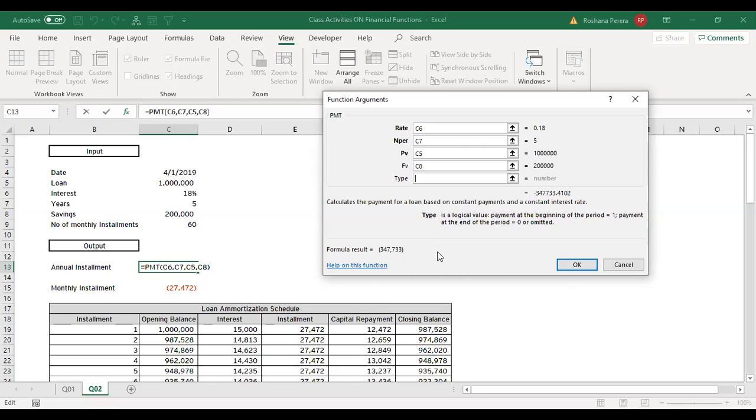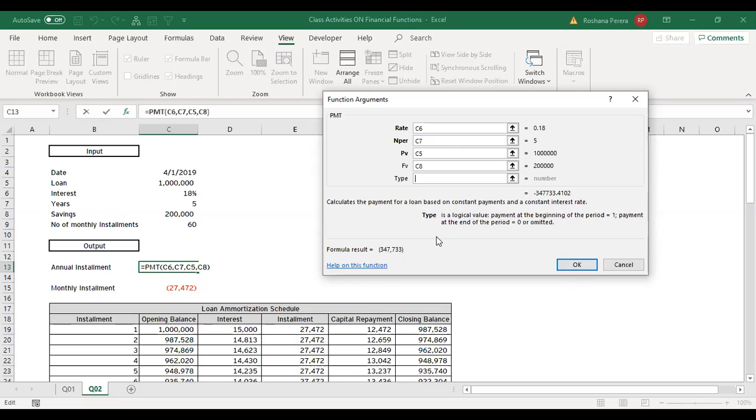So if you take 0 or omit it, then it assumes that you are making the installment in arrears, or at the end of each reporting period. But if you pay in the beginning of the year or the month, then it will come down. It is not the same value. So if you type 1 there, you can see that.